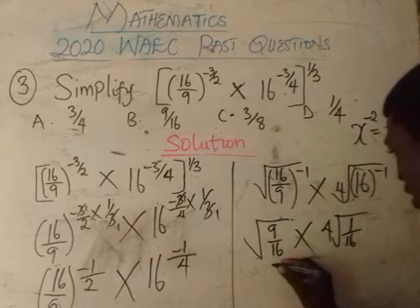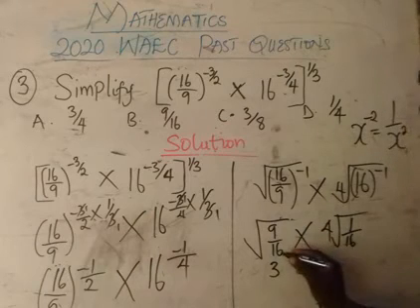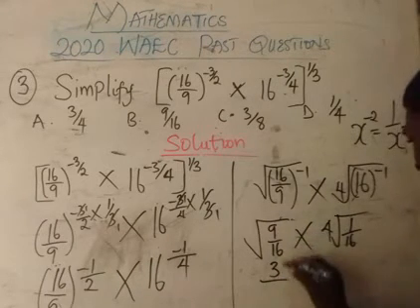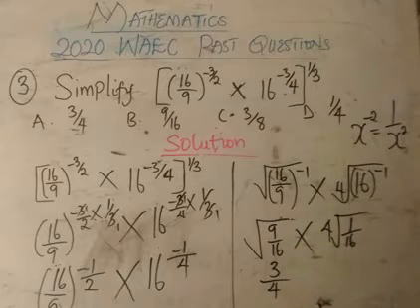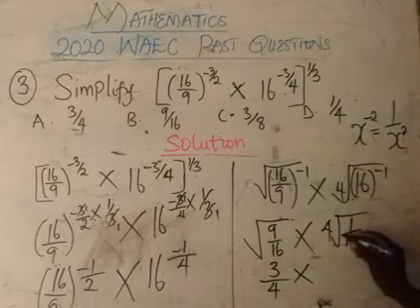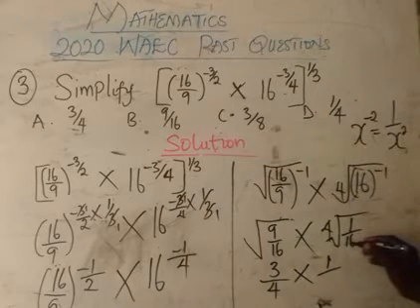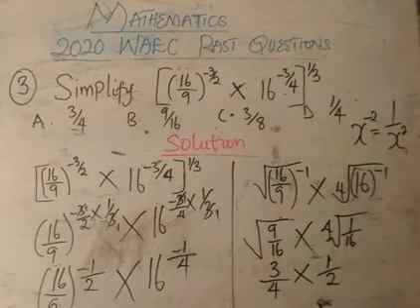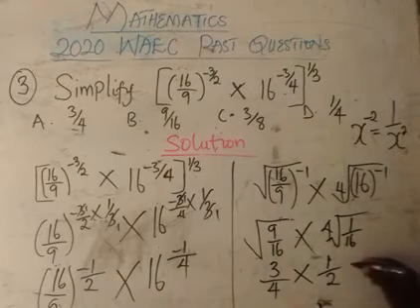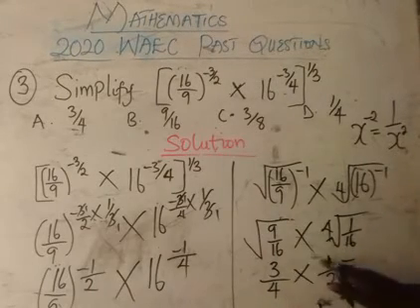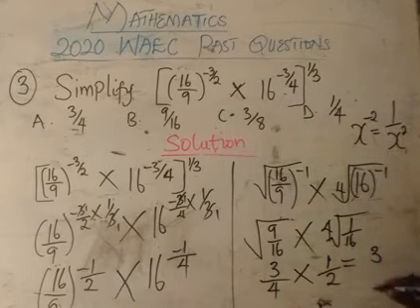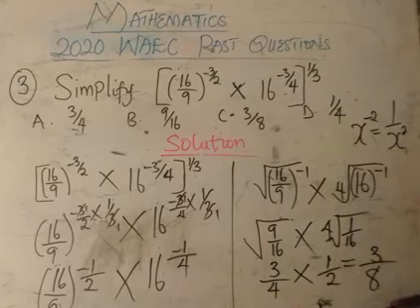Root of 9 is 3, and root of 16 is 4. Multiplied by the fourth root of 1, which is 1, and the fourth root of 16, which is 2. So we have 3 times 1 to give us 3, and 4 times 2 to give us 8.